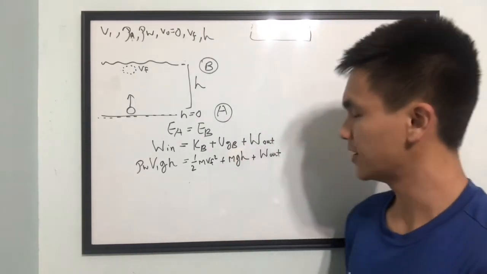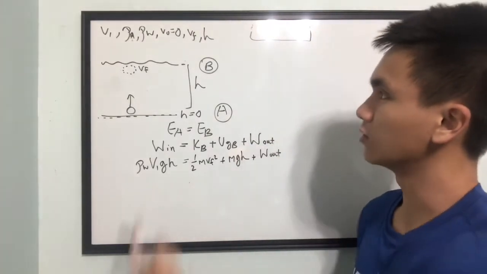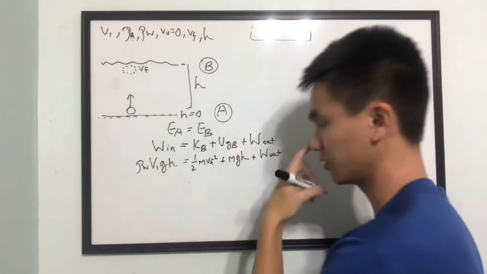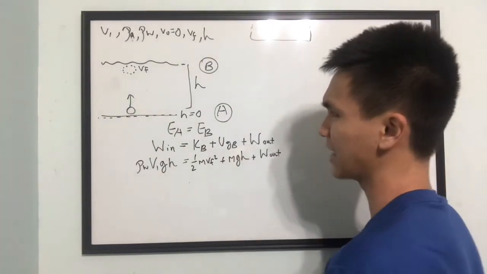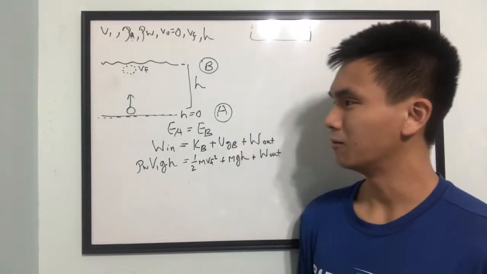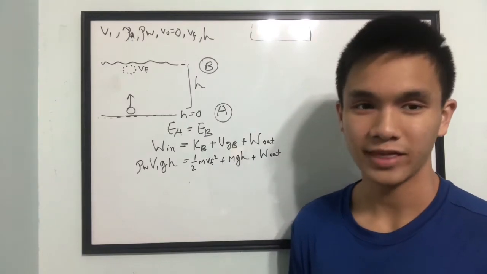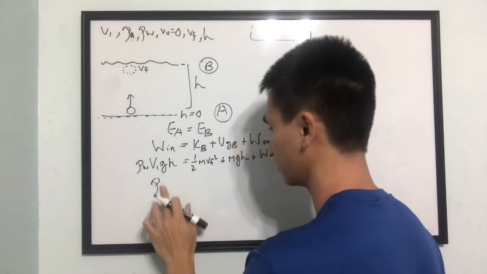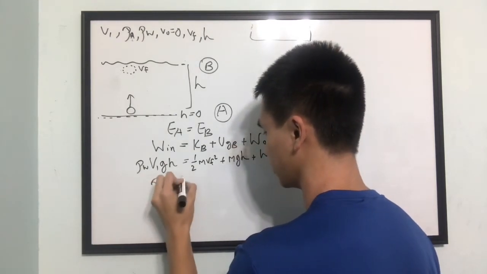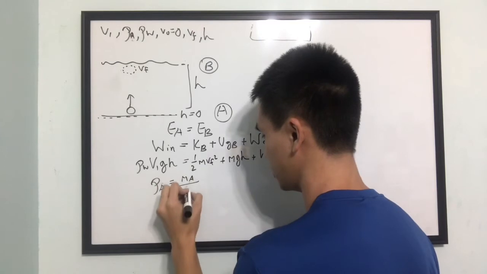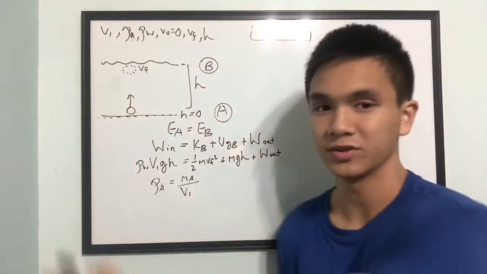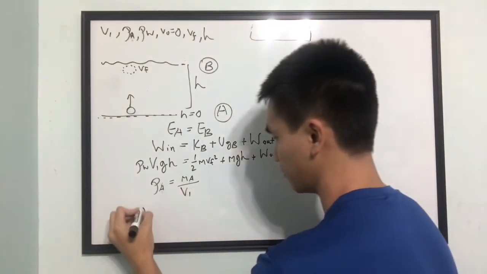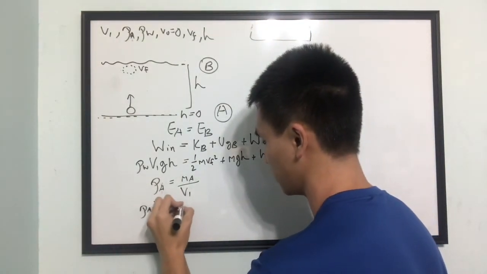So basically, we need to express it in terms of only these given quantities. Therefore, that mass we need to take care of. So what is the mass of this thing, right? It's going to be the mass of the air that's in it. So if we recall the formula for density, let's do this with respect to air. Rho sub A is equal to m sub A over V1, right? Because the volume is the volume of the bubble. So if you solve for m, rho A V1 gives us the mass of the air in the bubble.